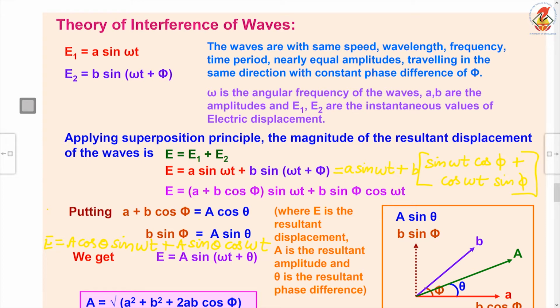This expression is of the form sin A cos B plus cos A sin B. So just take down till there.